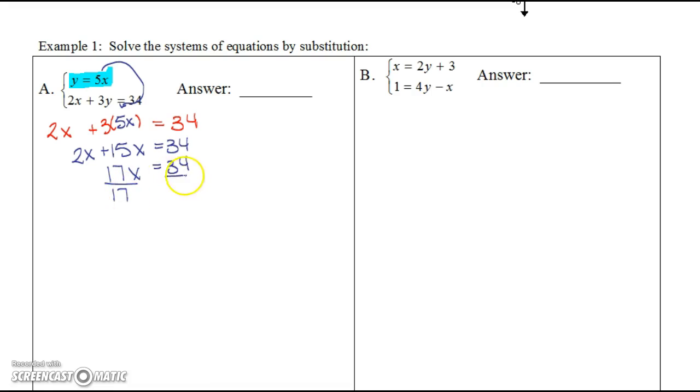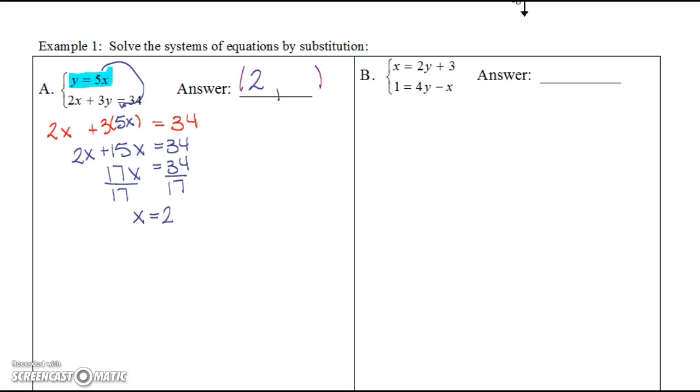When I divide both sides by 17, x equals 2. Now, when we solve a system, we are looking for a point. We're looking for an x and a y. Right now, all we have is the x.